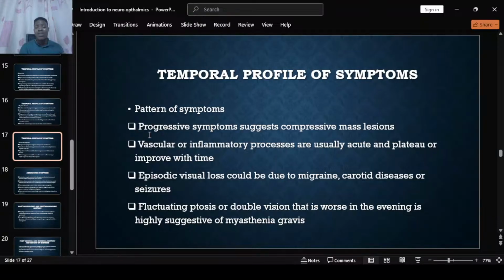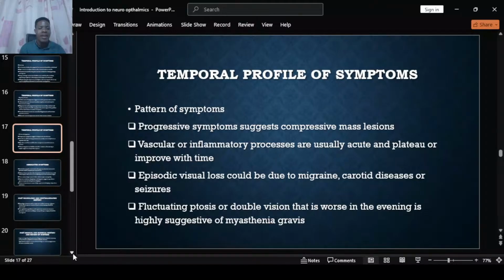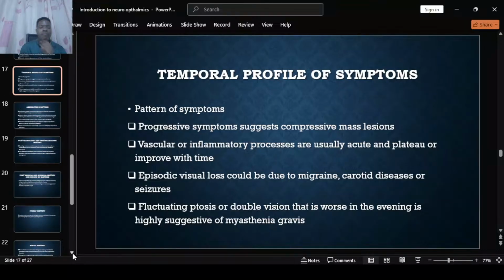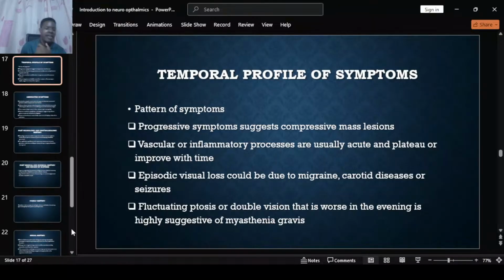In migraine with aura, sometimes there is visual loss, but for a while, and that is what we call episodic vision loss. Also, fluctuating ptosis or double vision that is worse in the evening is highly suggestive of myasthenia gravis. I'll be talking about ptosis, but let me just chip this in: every time you see ptosis, make sure you look at the surrounding structures.